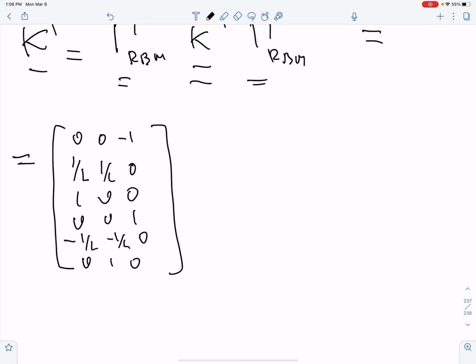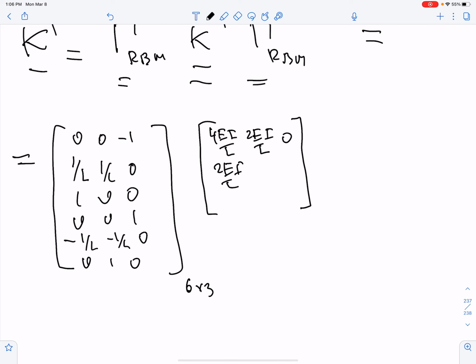Okay, so you take this 6 by 3, and then you go ahead and multiply it by the 3 by 3 that we just derived: 4 EI over L, 2 EI over L, 0, 2 EI over L, 4 EI over L, 0, 0, 0, EA over L here. Okay, this is our 3 by 3.